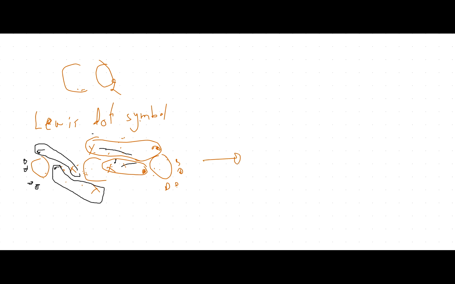This is carbon, so the oxygen will be... No, you don't need that, just 2.